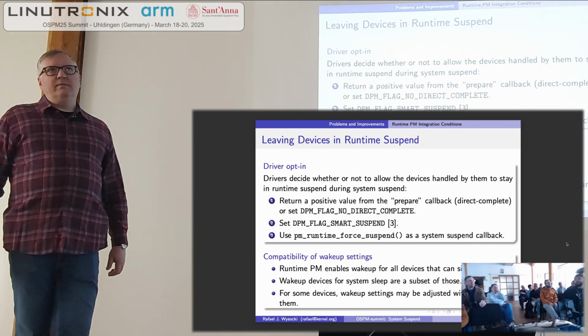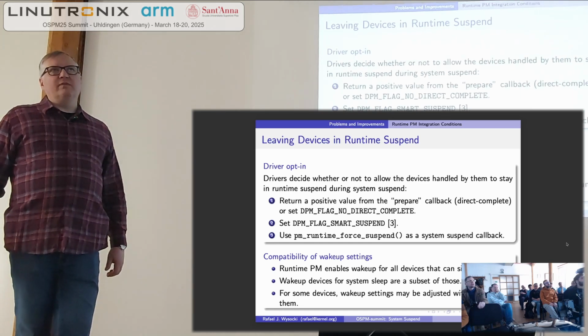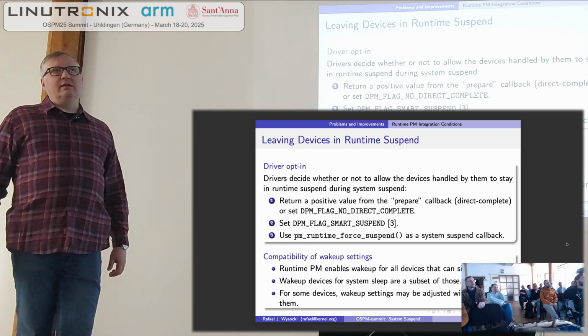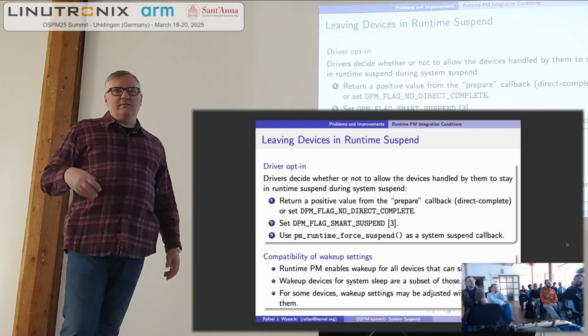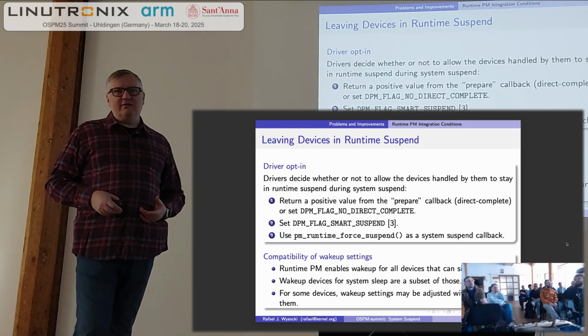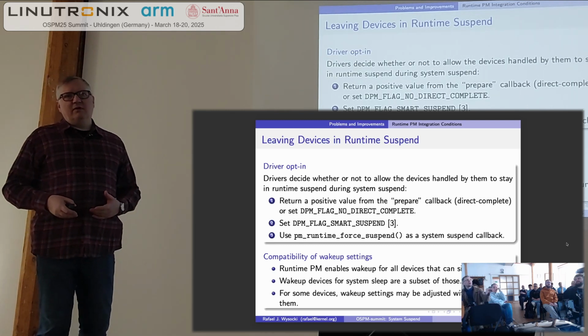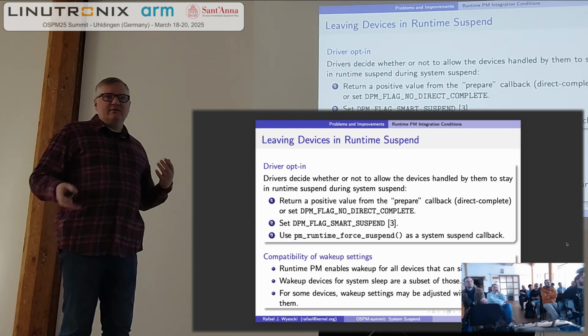It's for allowing the processing of data that comes from the outside, because runtime PM is expected to be transparent. It is meant for the device to recognize that there is something to process.